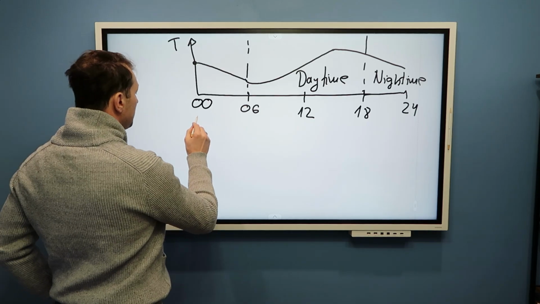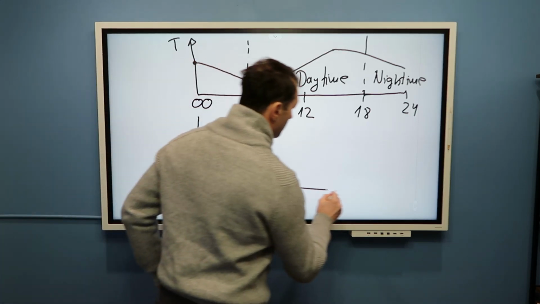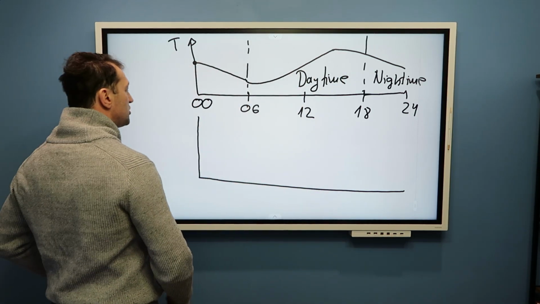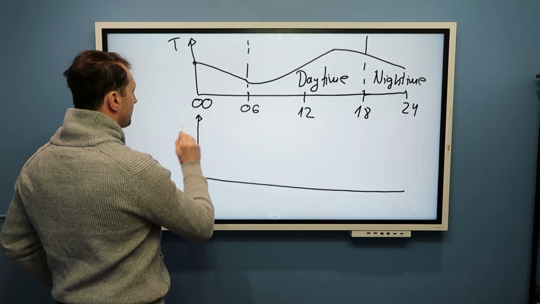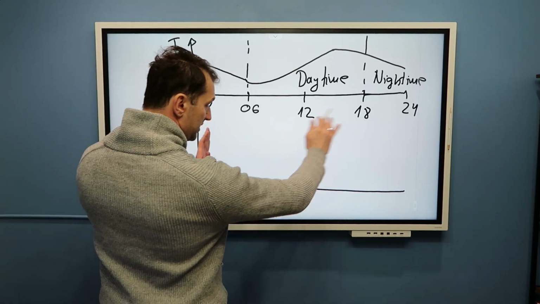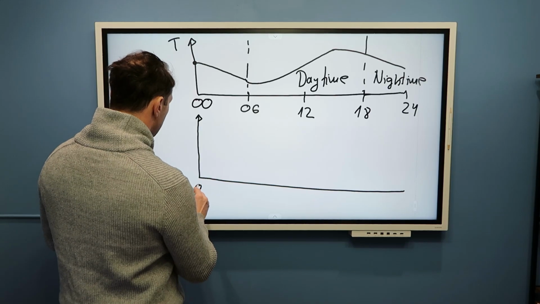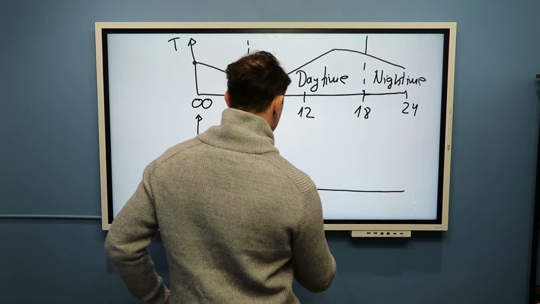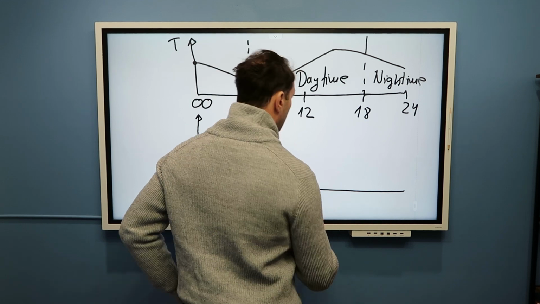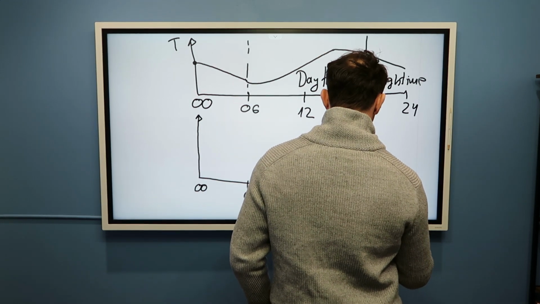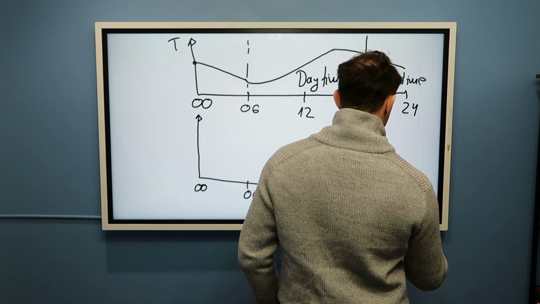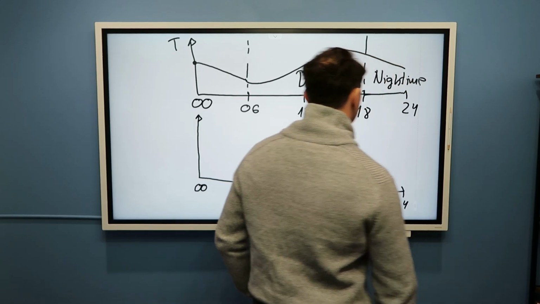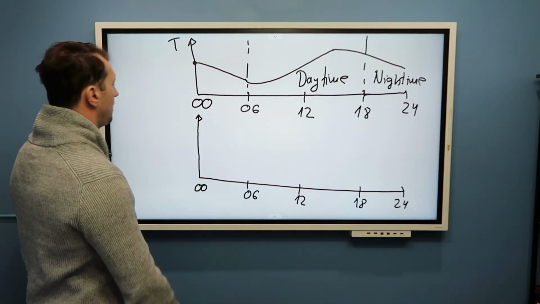Well, to study this, we will consider energy balance at the Earth's surface. So the x-axis will be the same time axis, starting from midnight, and then here we have sunrise at 6, we have local noon, and we have sunset at 1800, and then we have 2400 hours.